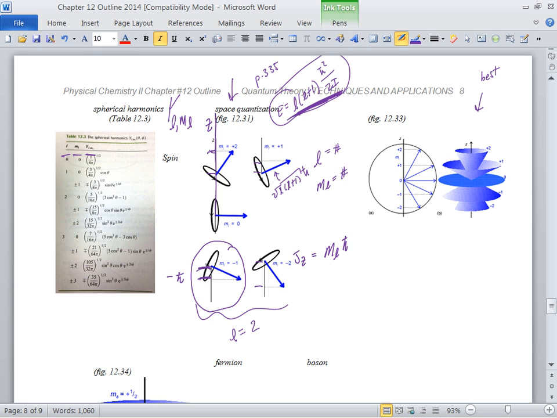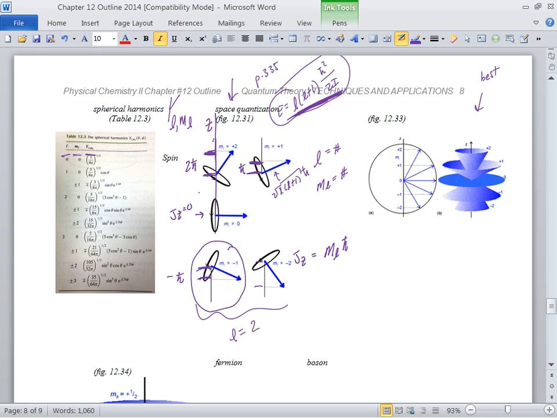This distance right here on the z-axis would be what? 2h bar. Over here would be h bar. How about this one? 0. There is no z component because it's m sub L times h bar, and m sub L is 0.